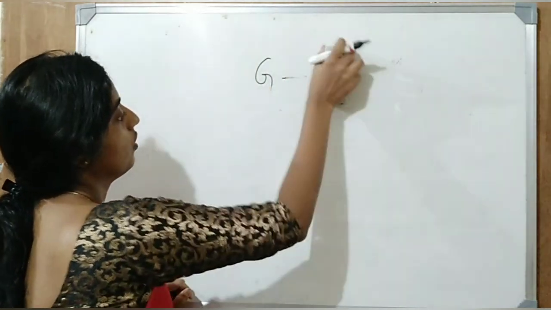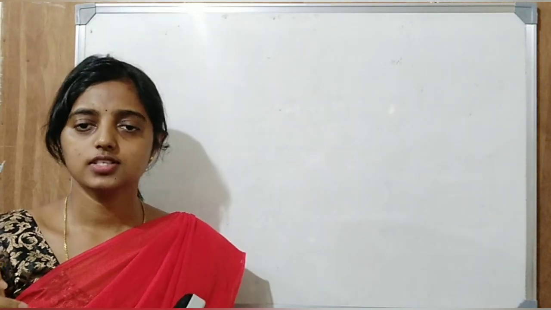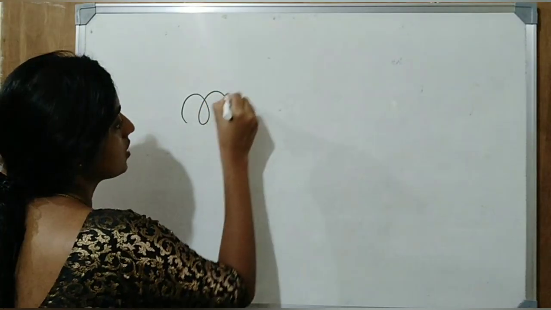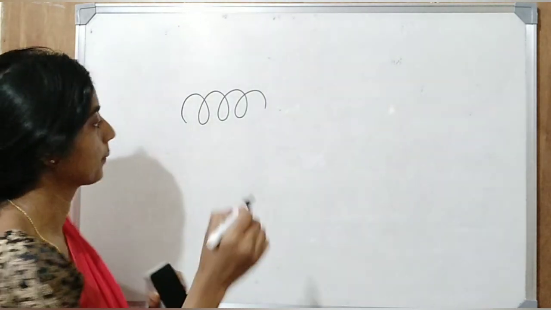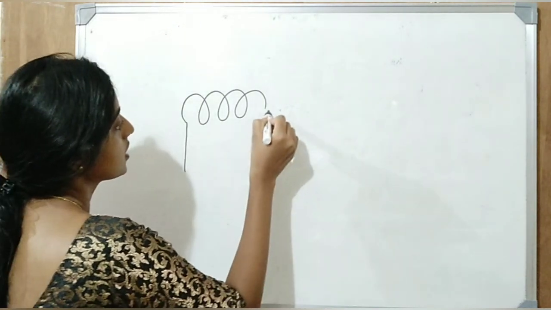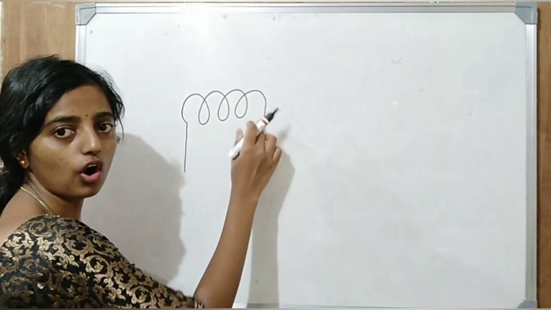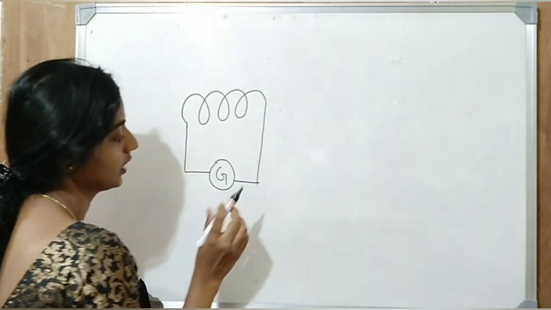So I'll just tell what the first activity is. First, Faraday took a coil. Here also we are using a copper coil, that is, insulated copper. Then he took that coil and connected the ends of the coil to a galvanometer, which has a deflection.